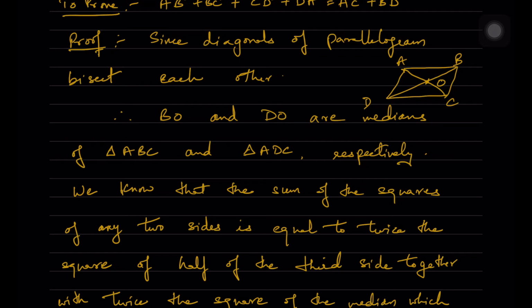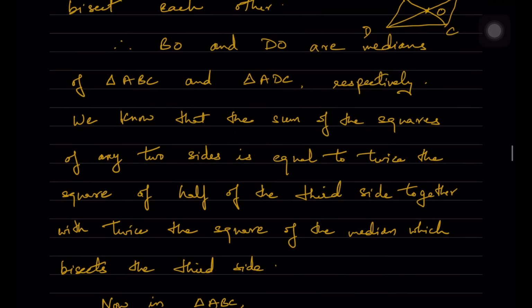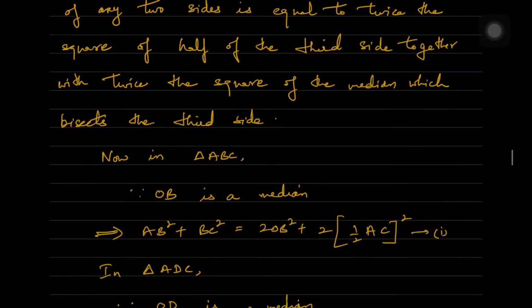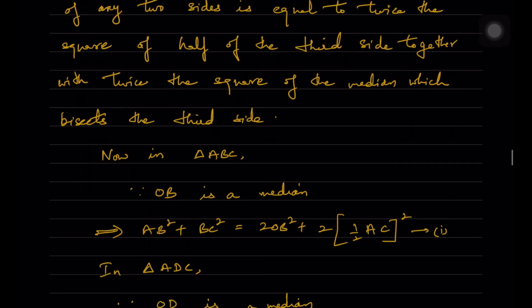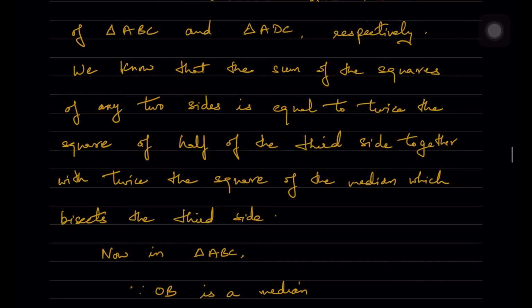So we know that the sum of the squares of any two sides is equal to twice the square of half of the third side together with twice the square of the median which bisects the third side. So now in triangle ABC, this is for the median, that is sum of squares of two sides is equal to twice the square of half of the third side.